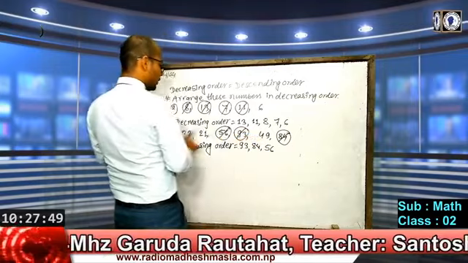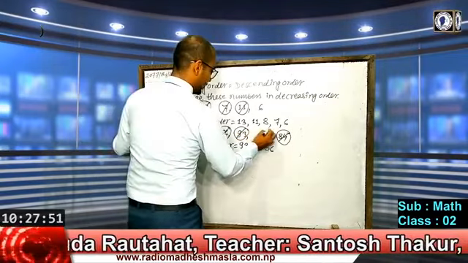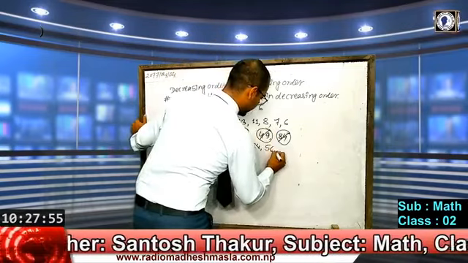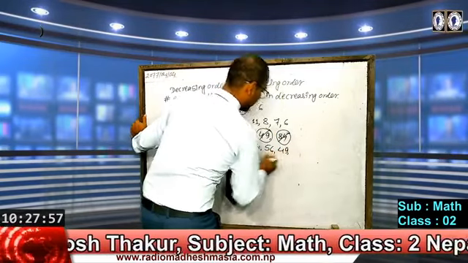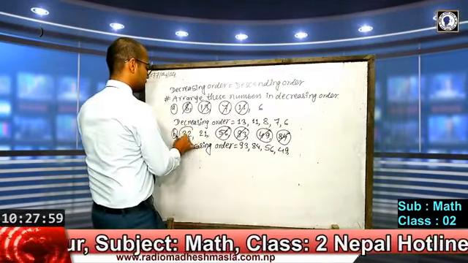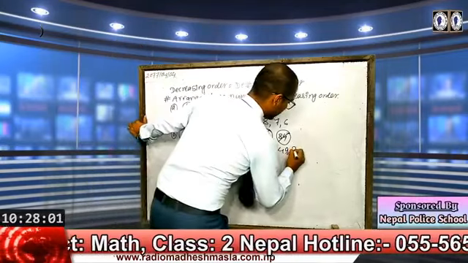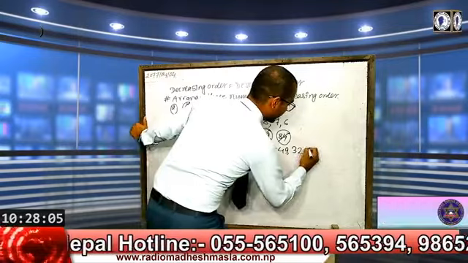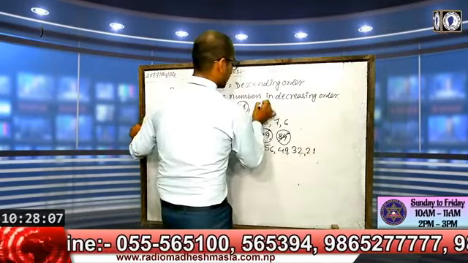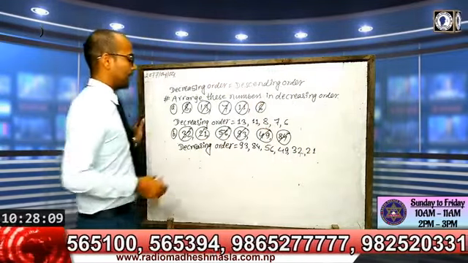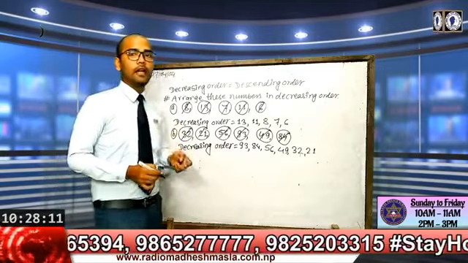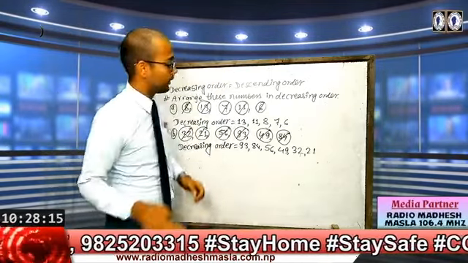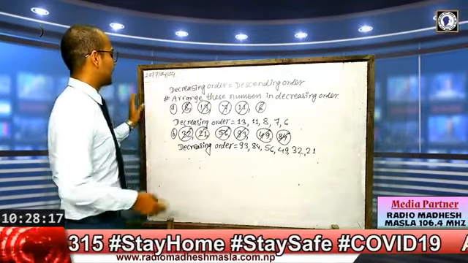Among these 3 numbers, 49 is the greatest, so after 56 we write 49. Then 32, and then 21. So in this way we can arrange the numbers in increasing or decreasing order. I hope you are understanding.